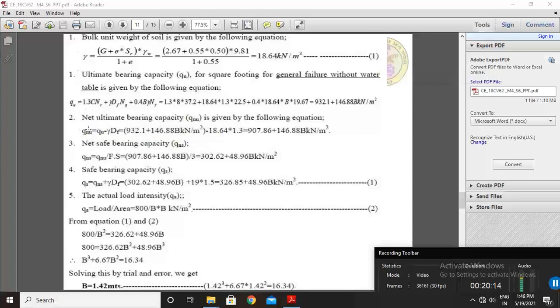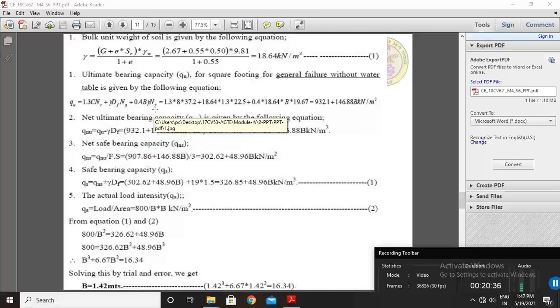Now follow the steps, SPC procedures. Ultimate bearing capacity for square footing for general shear failure without water table is given by the following equation: qu equal to 1.3 times c Nc plus gamma Df Nq plus 0.4 times B gamma N gamma.